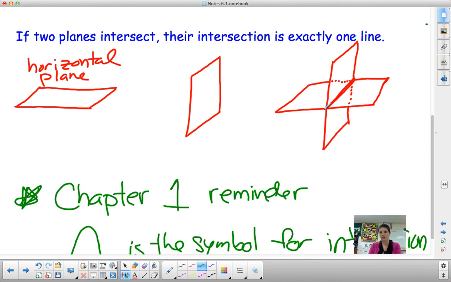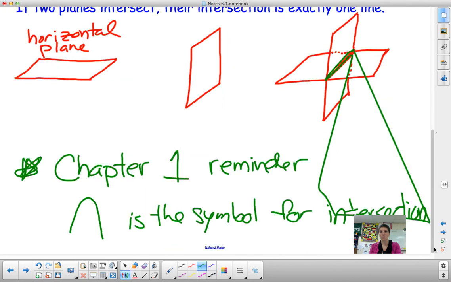A chapter 1 reminder is that the symbol with the upside down U is the symbol for an intersection. Told you today is not my technology day.